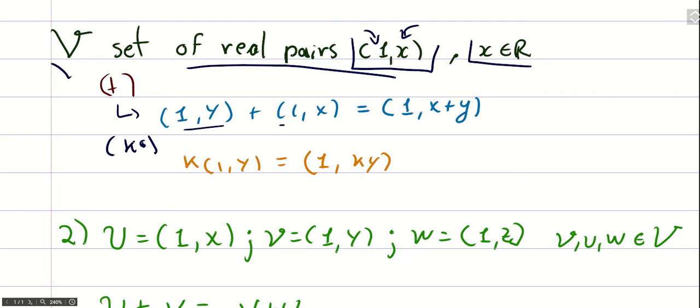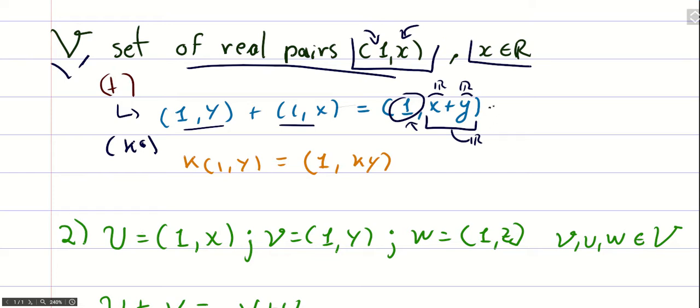Here we got two elements of the space V, and when we sum them up we keep the first coordinate the same. That means that we just put a 1 there, and then we sum the second component of each of these vectors. One important remark is that this x and this y are both real numbers, and the sum of two real numbers is again a real number.